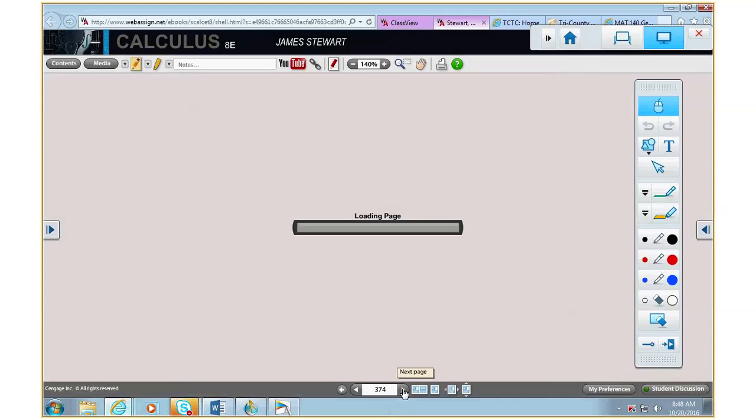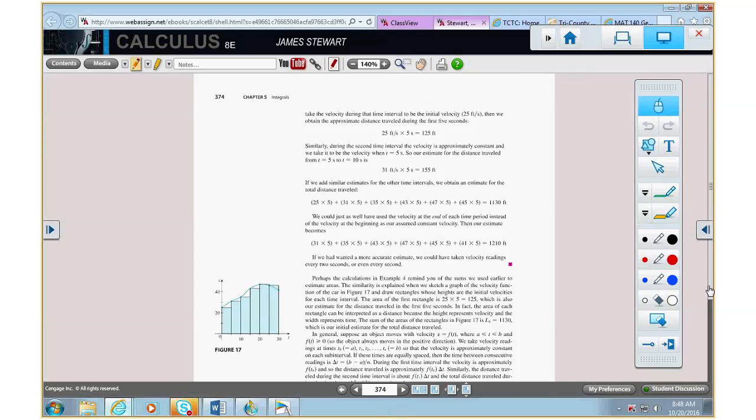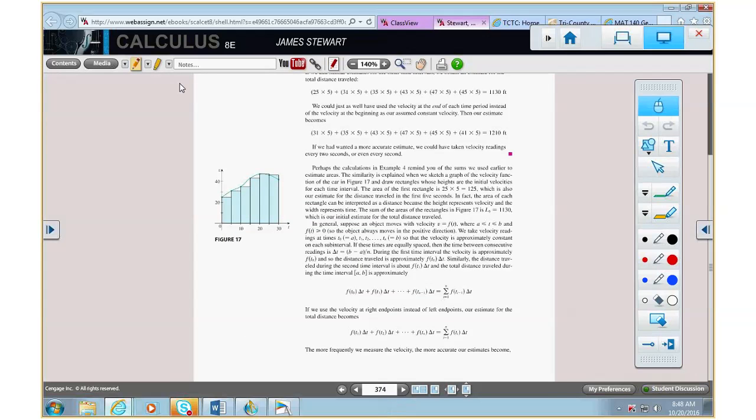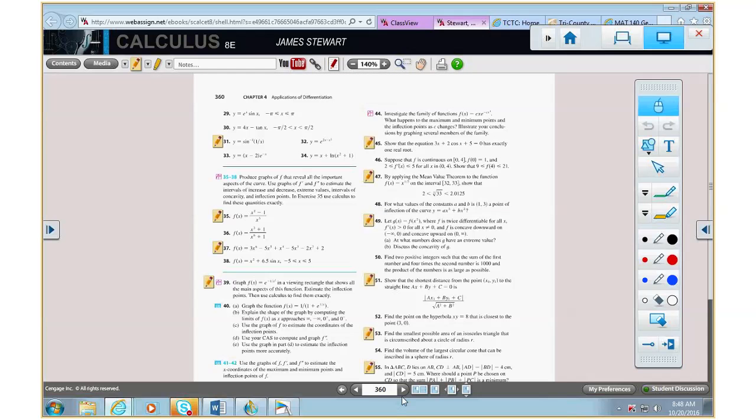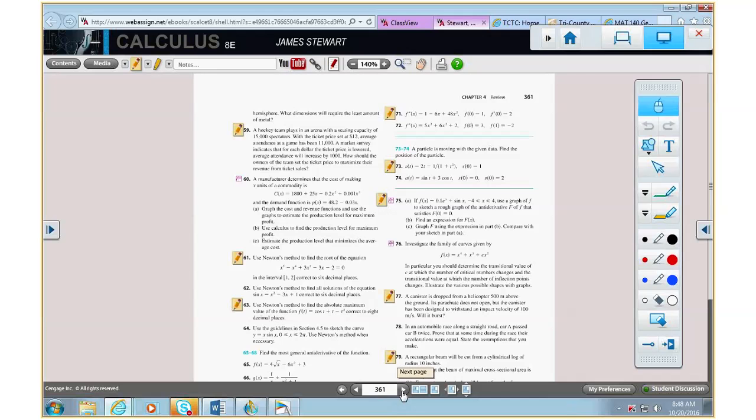I think it said antiderivatives is in the last section of chapter 4. Oh, it's in the last section of chapter 4. Maybe that's it. Hold on. Anybody know what page that is? 369? I don't know. Let's see, chapter 4 review.